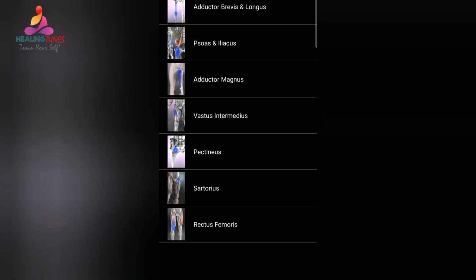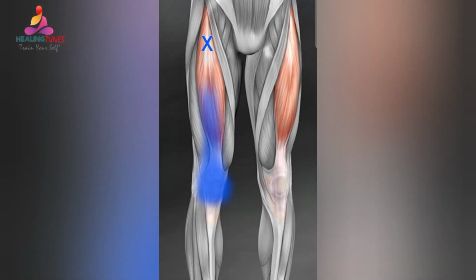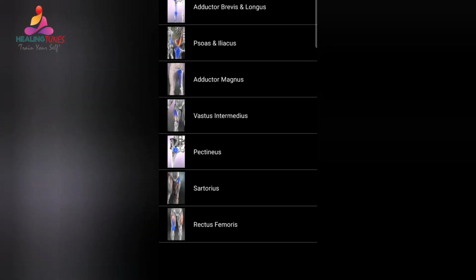Then next muscle is rectus femoris. Trigger points high up in this muscle refer down into the knee with spillover into the anterior thigh. It is one of the four quadriceps muscles.